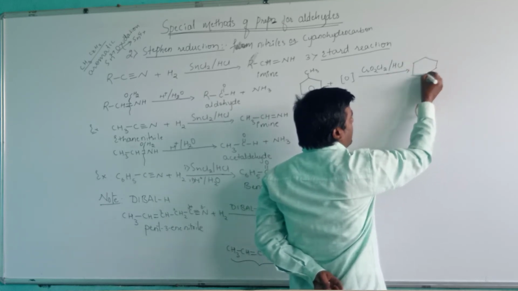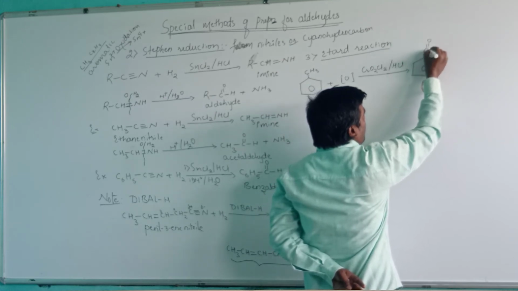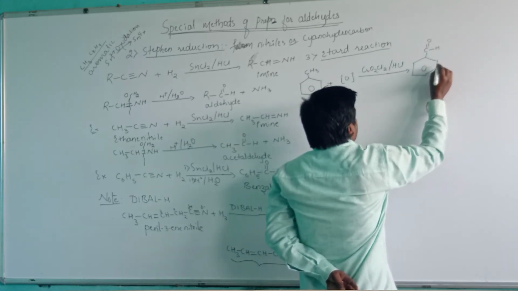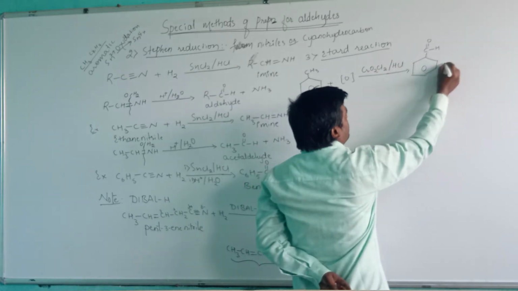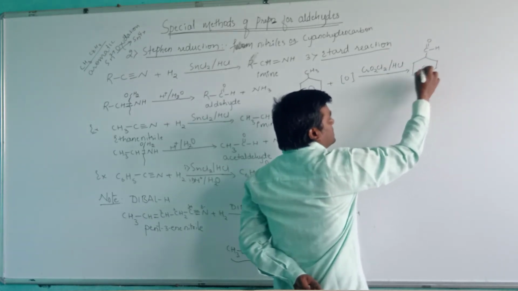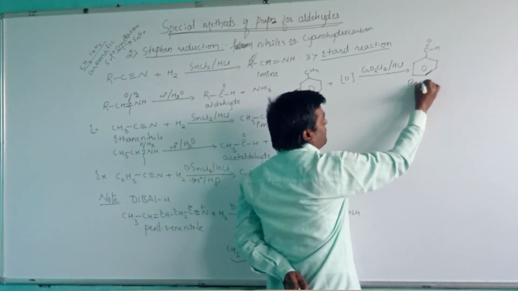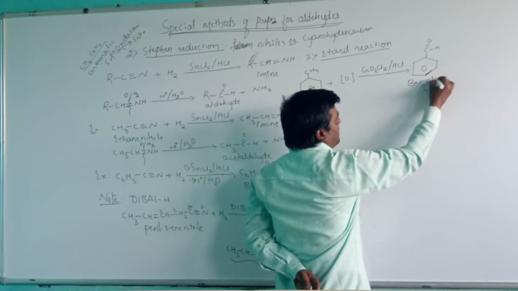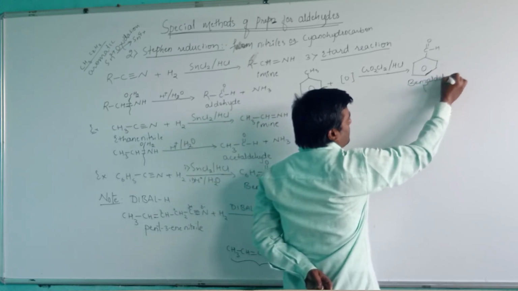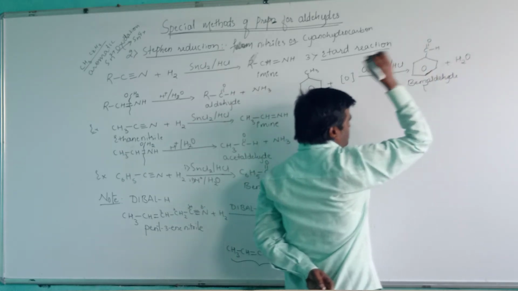That is the benzene ring as it is, with CHO. Then it will give the remaining product. The main product is an aldehyde, that is benzaldehyde. And the byproduct is water molecules.